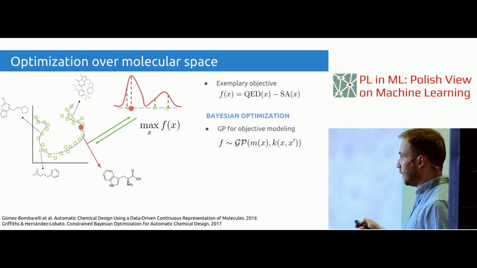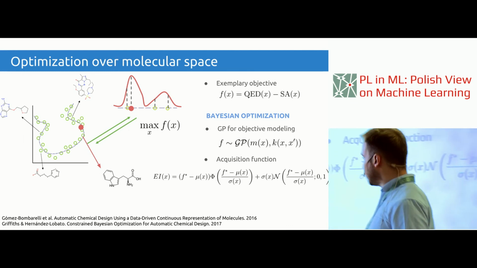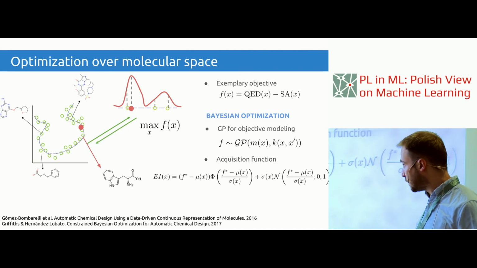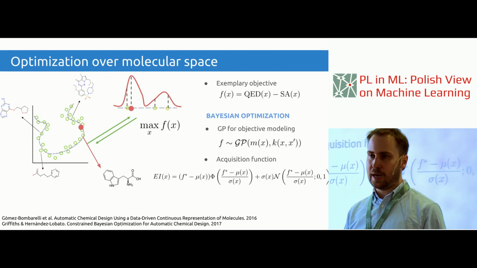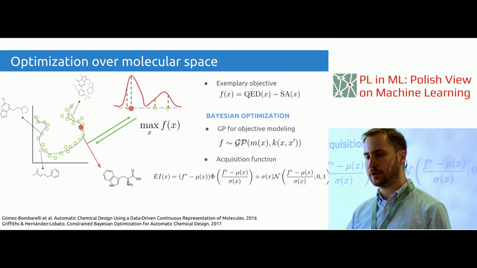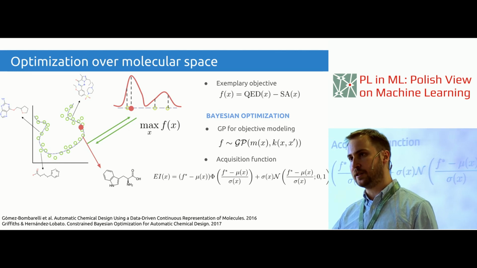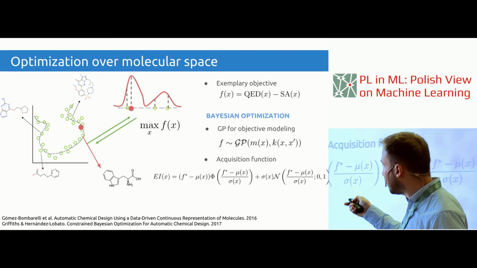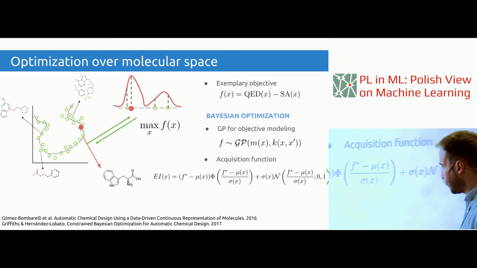And to search this molecular space, you are using something called an acquisition function. Maybe this equation is quite complicated, but the idea is really simple. This particular acquisition function is called expected improvement. And this is basically just the expected value of the indicator function that indicates if the best current value of your objective will improve at the particular point.